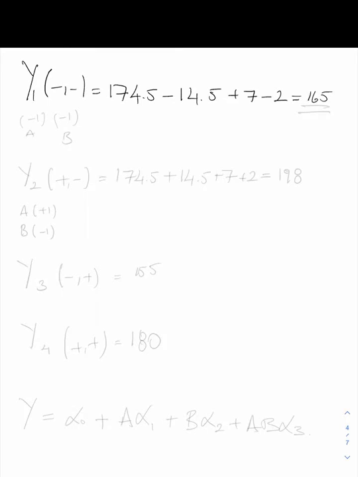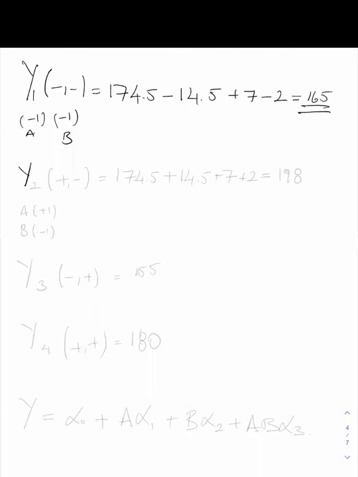So that means that if I used minus 1 for A and minus 1 for B, I predict 165, which is my minus corner.